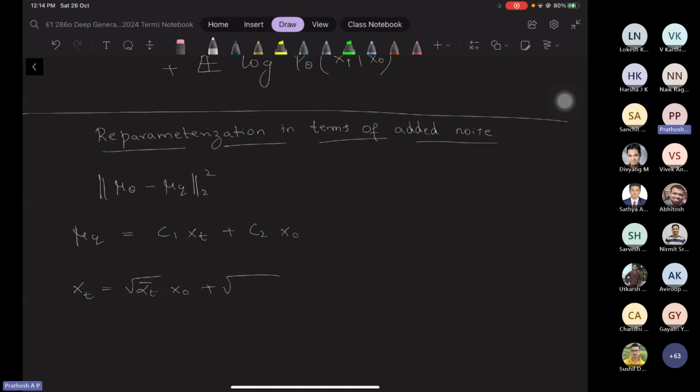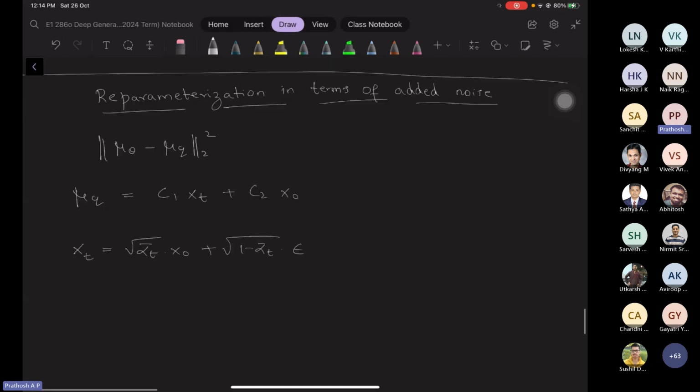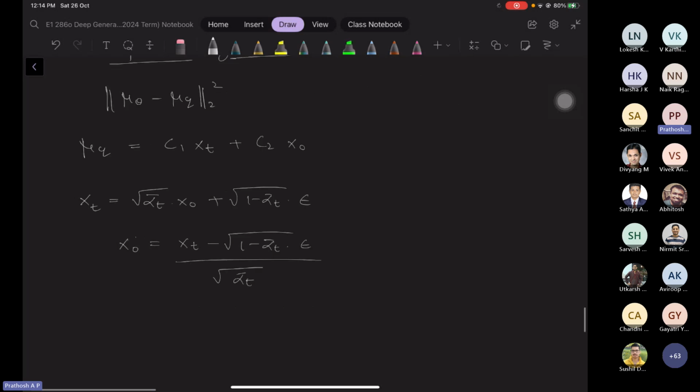If I rearrange these terms, I can write x naught as xt minus root of 1 minus alpha t bar times epsilon, divided by root of alpha t bar.